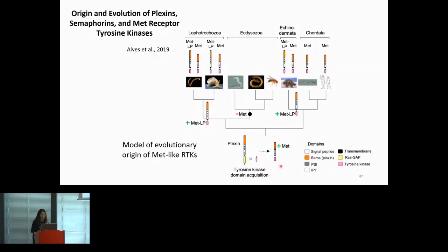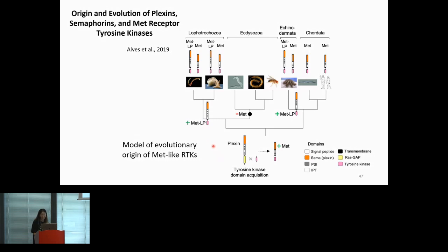And so possibly this MET protein evolved differently from other RTKs. In fact, perhaps we should consider MET to be a member of the plexins rather than one of the RTKs. And it is surprising to me that we don't use amino acid sequence, but we are able to spot this relationship between MET, the other RTKs, and plexins and semaphorins.